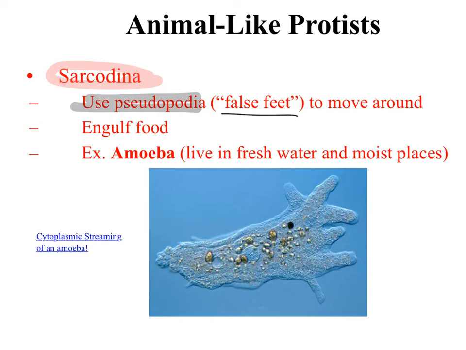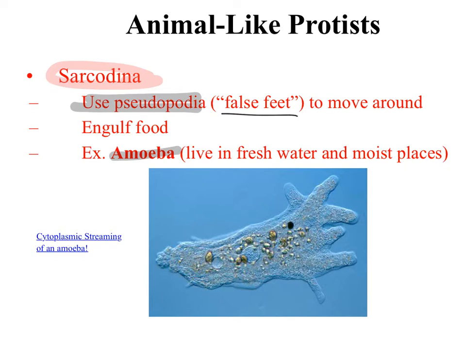Now, our representative protist for this group is the amoeba, a very important organism that we just love to talk about. Amoeba use pseudopods to move because they're part of this sarcodina grouping.